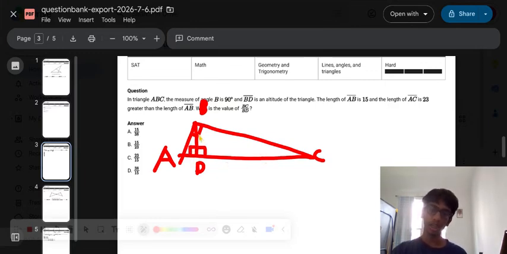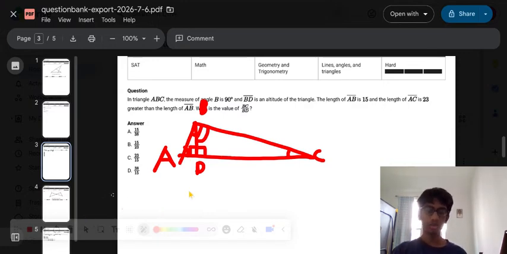Moreover, we know that this triangle right here, BDC, will have a right angle and it will have angle C. And we know that the triangle ABC has a right angle and it has the angle C. So what does this mean? We know that the angle CBD will have to equal the angle A. In other words, they're similar triangles.